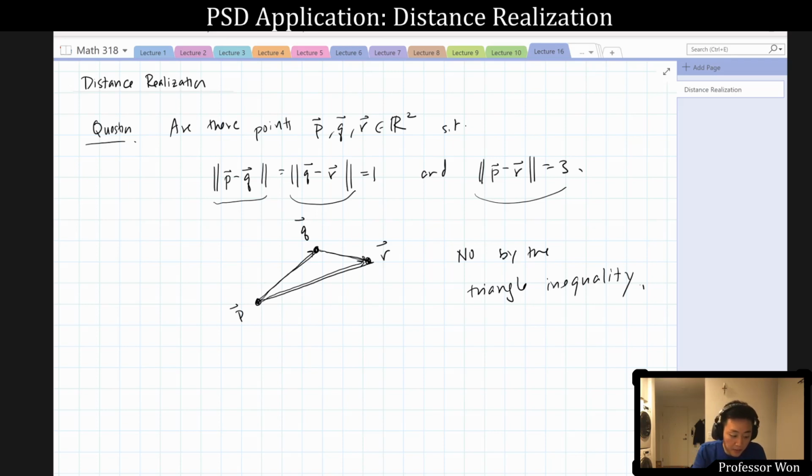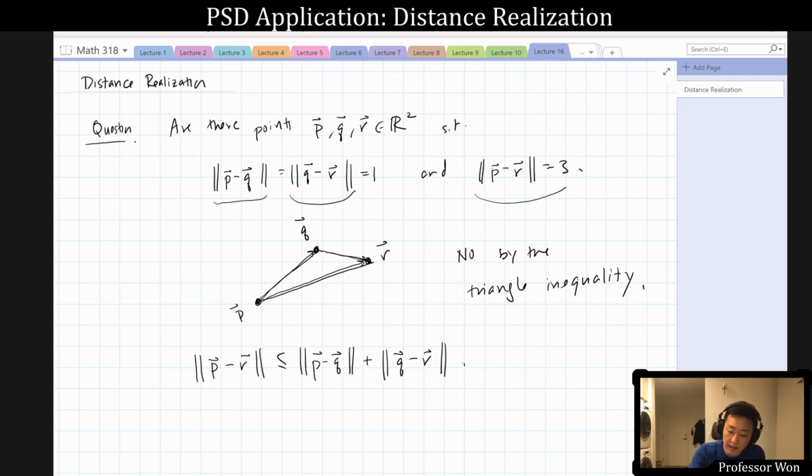Okay, and the way to state the triangle inequality is just that the distance from P to R has to be less than or equal to the distance from P to Q plus the distance from Q to R. If you go through an intermediate Q, then it needs to be a longer distance. Okay, and it turns out that actually this restriction is the only restriction.